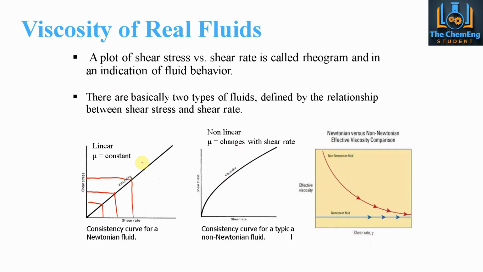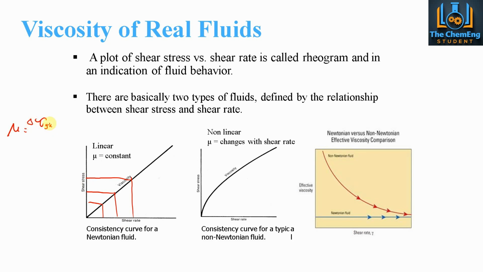Now one way that we can prove this is to work out what the viscosity actually is. The formula for viscosity in terms of the shear stress and shear rate is: we have the shear stress, which is given by tau, normally tau yx or xy.